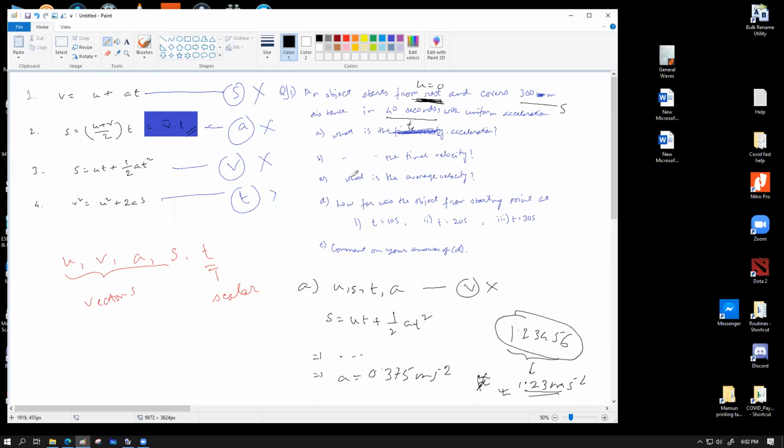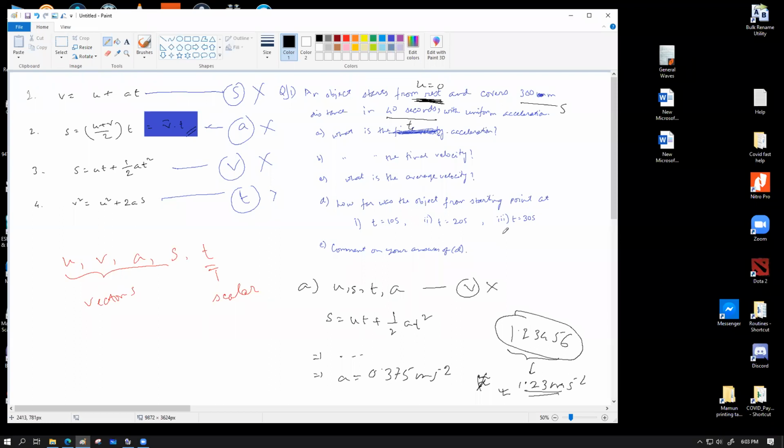We have 1, 2, 3, 4, 5, 6, so we're going to have 6 numerical answers. For these 6 answers, we should prefer to give the same SF number for all. So if you give 2 SF over here, you should preferably give 2 SF for all the answers. CIE recognizes 2 SF or 3 SF as an acceptable number of SF for the final answer. But what they appreciate is that the SF should be the same for all the numerical answers for one question.